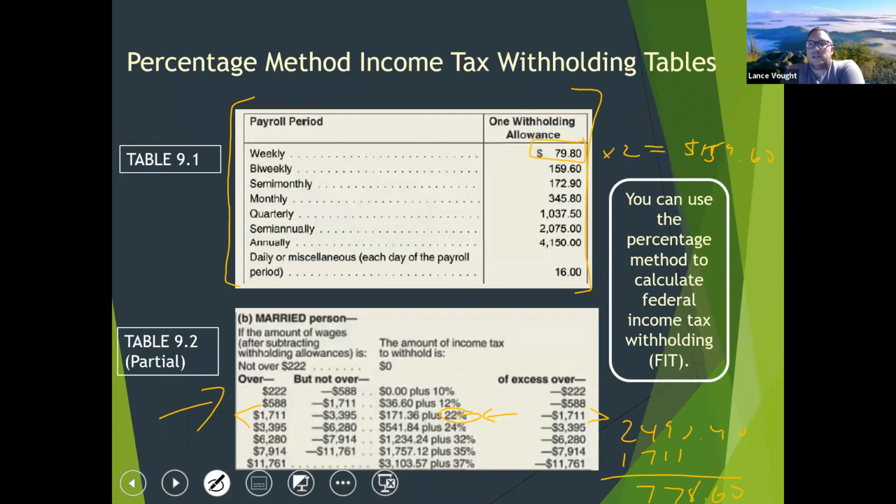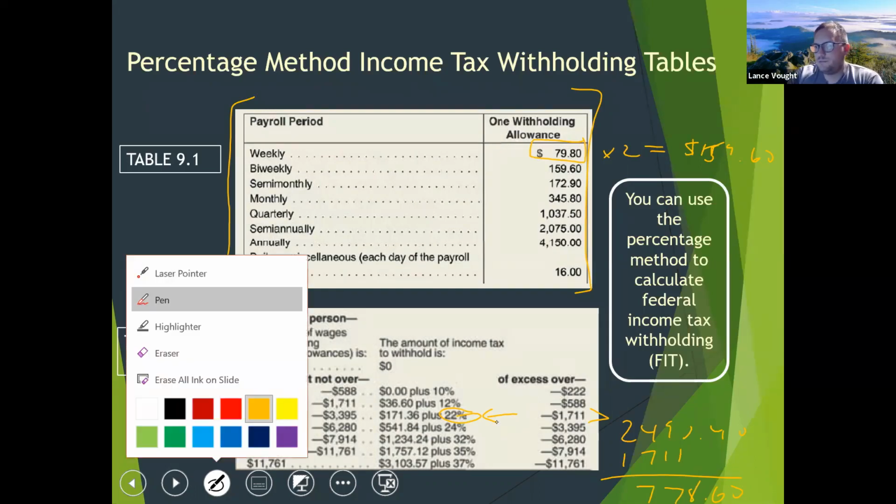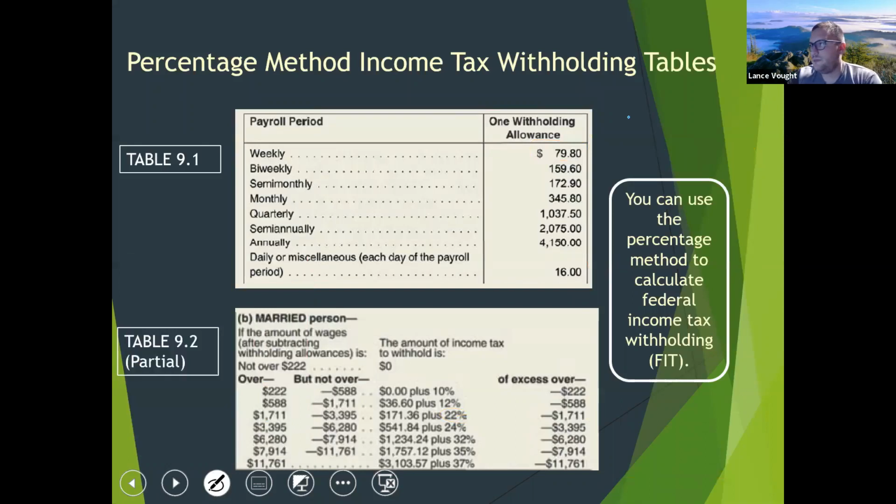So if you made $1,000 and you're single and you have 1 allowance, we'll say $1,000 a week. So you make $1,000 a week and you have this allowance. What is going to be your tax rate? So if you go through this, you subtract $79.80 if you're single.